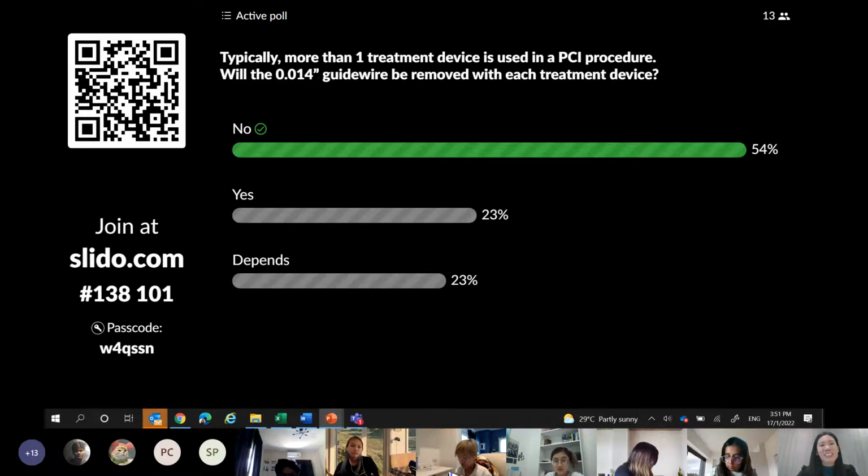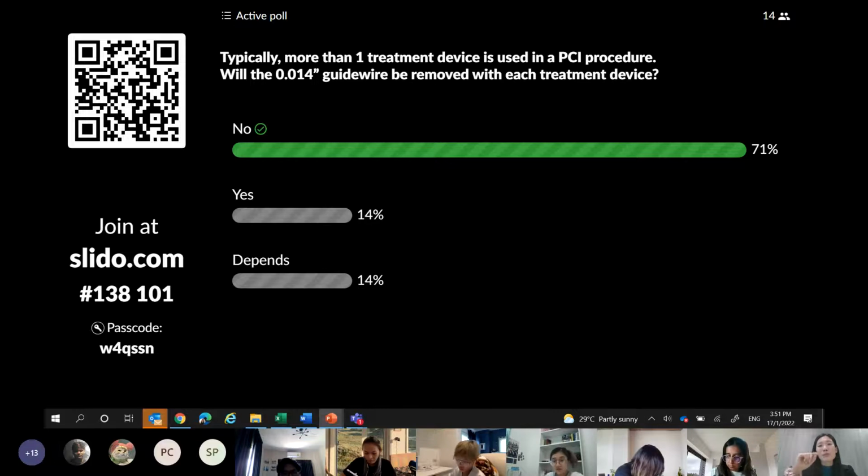So again, actually this answer is usually more often than not, no. So this 0.14 guide wire is not removed with each treatment device. Depends can be a right answer because sometimes they change the guide wire for one with a different property. But typically it's not the case, because they want the wire to stay there as much as possible.